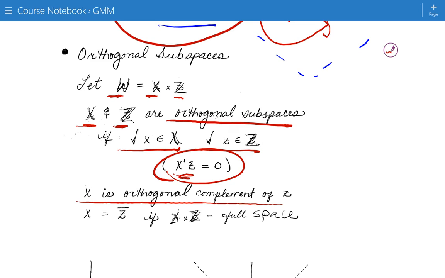X is the orthogonal complement of Z in terms of the spaces. These should be capitalized here in terms of the spaces X and Z, if this definition holds, if for all x and z they are orthogonal.